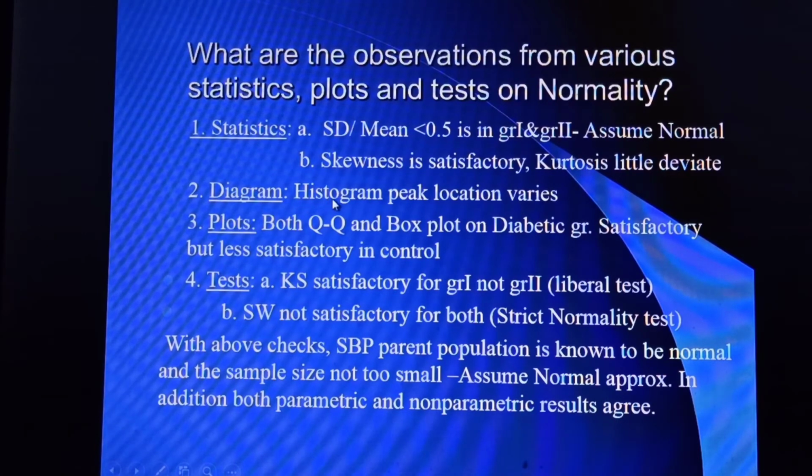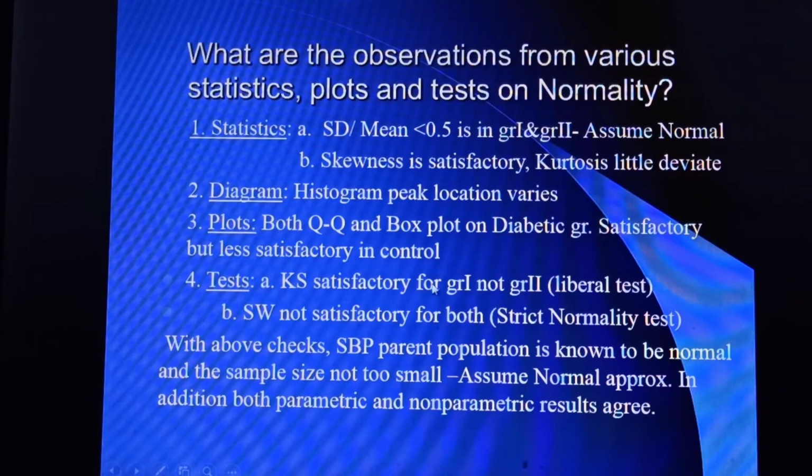In the diagrams, histogram peak locations vary, and both the QQ plots and box plots are satisfactory for the diabetic group, but less satisfactory in control. Among the tests, Kolmogorov is satisfactory for group 1, and the Shapiro-Wilk test is not satisfactory in both of them.